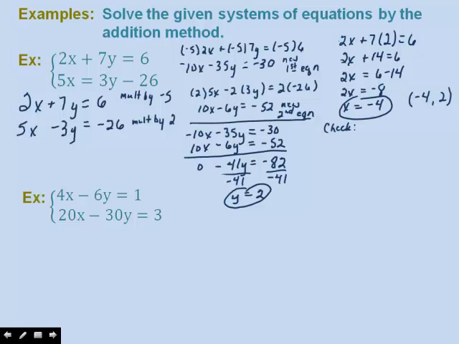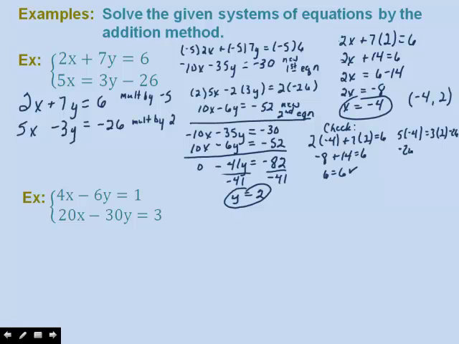Let's check our solution. So in our original first equation, we're substituting negative 4 for x and 2 for y. We have negative 8 plus 14 is equal to 6, and that gives us 6 on both sides, so that one checks. The original second equation, we have 5 times negative 4 is equal to 3 times 2 minus 26.